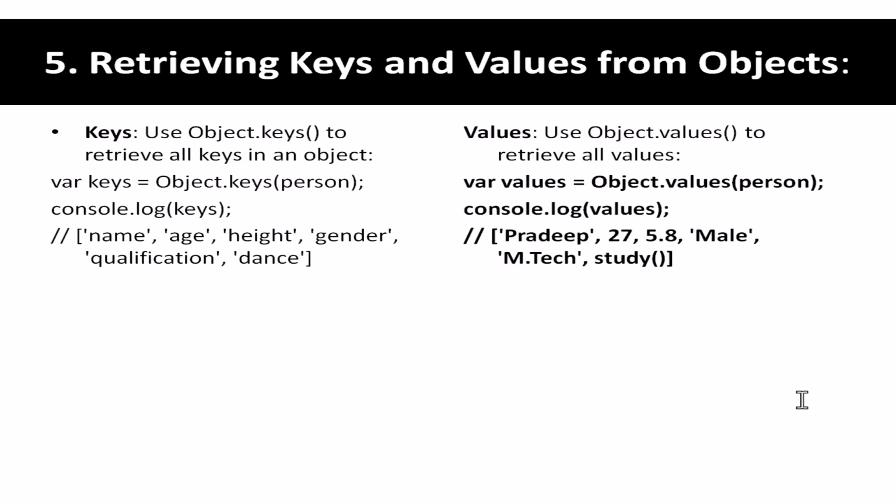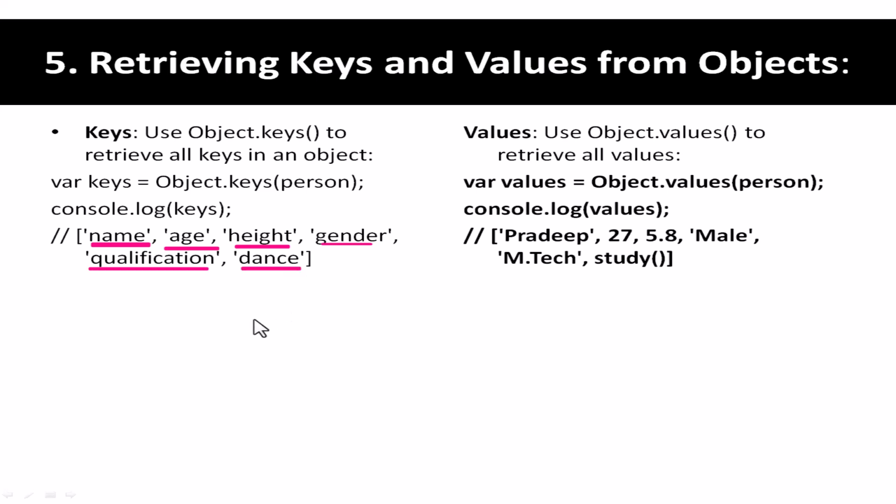Next, retrieving keys and values from objects. If you consider the keys of a particular person, for example, here we have taken different elements: name, age, height, gender, qualification, and whether he can dance or not, hobbies. Like that we can take.